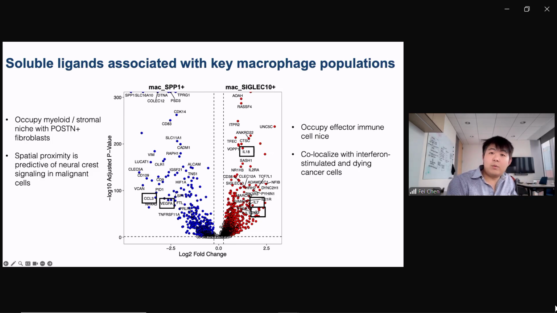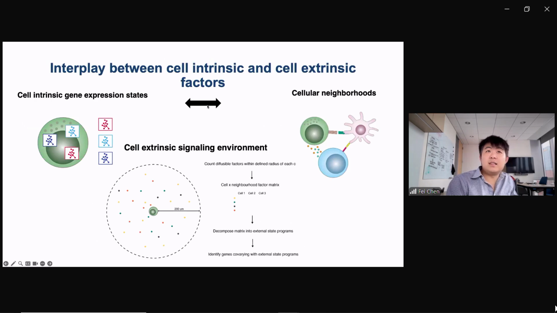And so we wanted to see if these soluble ligands are basically the molecules that are mediating the communication between cell neighborhoods and cell intrinsic gene expression states. And so we've been thinking about a way to define cell extrinsic signaling environments in the same way that we've been defining cell intrinsic gene expression states and cell neighborhoods.